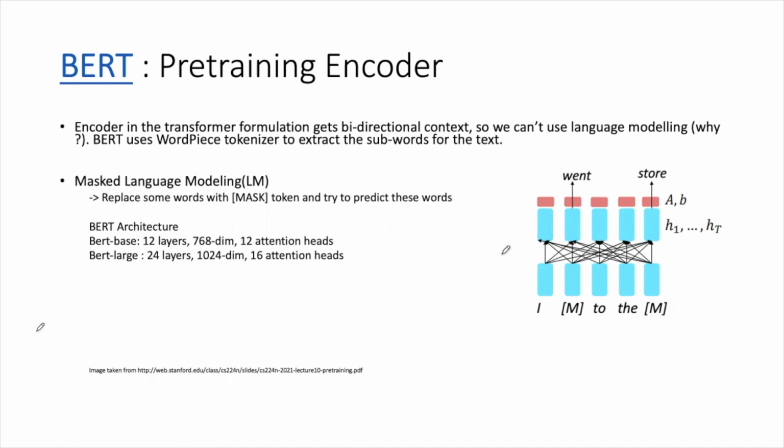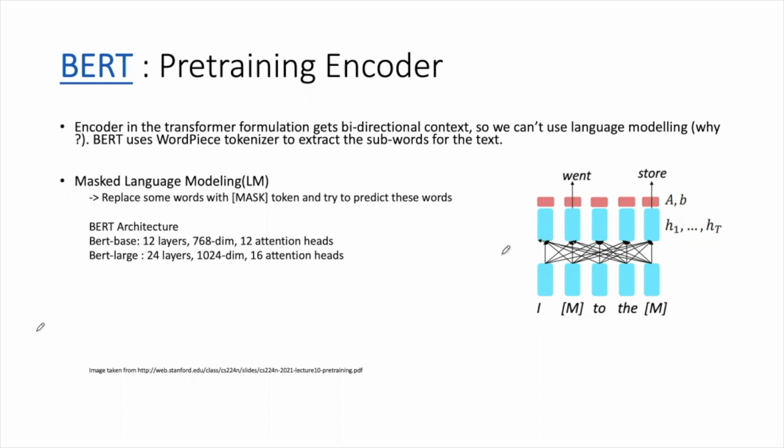Once again, there is a reason why language modeling cannot be used as a pre-training objective for an encoder. Typically in bidirectional settings, when we try to use language modeling to predict the output words, there will be a stage where the input and output would be the same. That's the reason language modeling cannot be used in a bidirectional context setting.